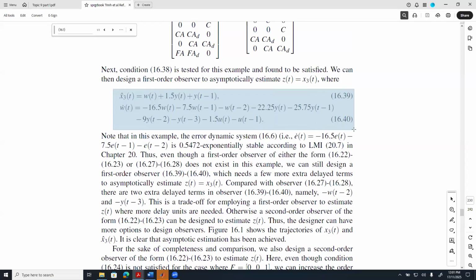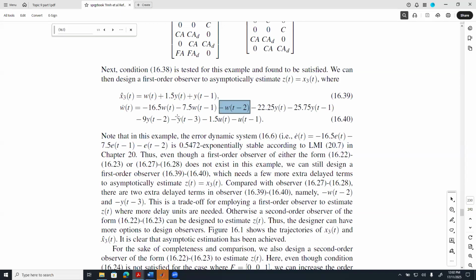The price that we pay for it is we need a few more extra delay terms. And those extra delay terms are the ones associated with this internal delay, omega t minus 2 here. That 2 stands for 2 taus there.